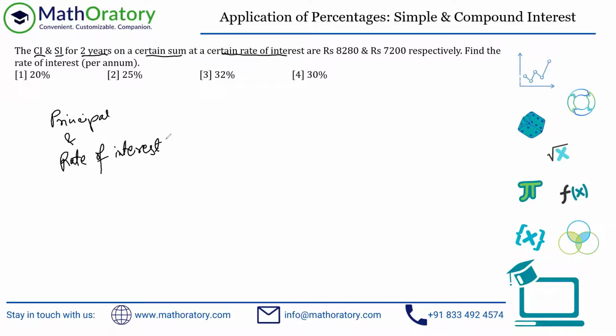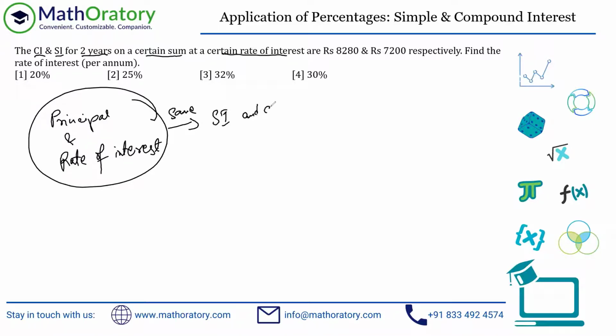Let me write this completely. Both of these are same in the case of SI and CI. So the principal is also same as well as the rate of interest is same, because it's put in that way, right? The CI and SI for 2 years on a certain sum at a certain rate of interest. So they're having the same principal as well as the same rate of interest.